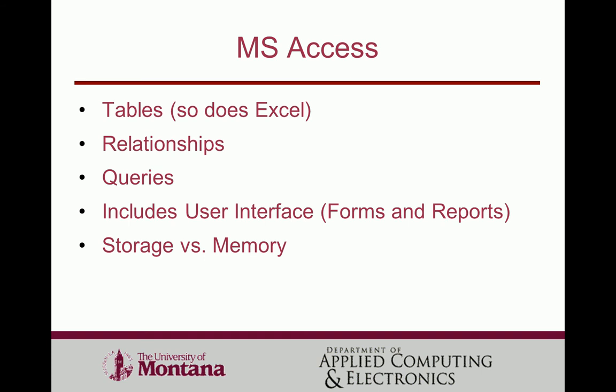Now memory is a little different in a computer, because memory is inside the computer, and it comes in the form of RAM. So when we're working in, say, Excel, and I'm making additions, changes, revisions, editing to the spreadsheet, all that resides in memory until I save it.